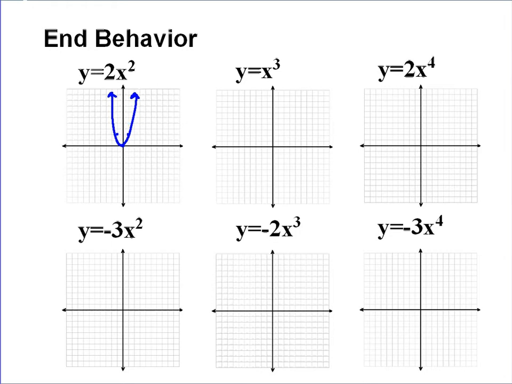If I had 1x squared, it would look more like this. If I had 1/2 x squared, it would look something like this. And if I had maybe even 5x squared, that would be even tighter, so it would be like that. The main idea here is if I have something x squared, then my end behavior, what happens when I go way to the left and what happens when I go way to the right, looks the same.